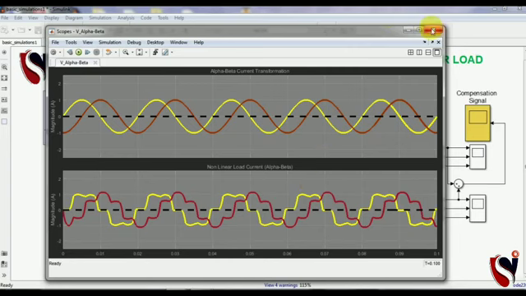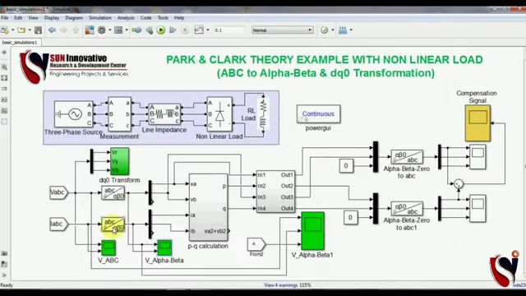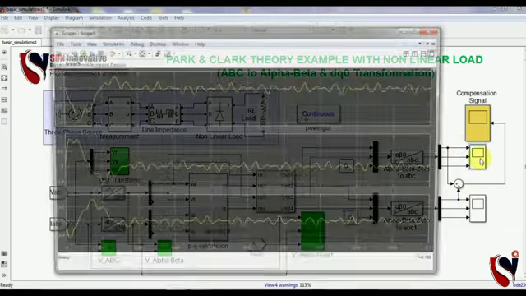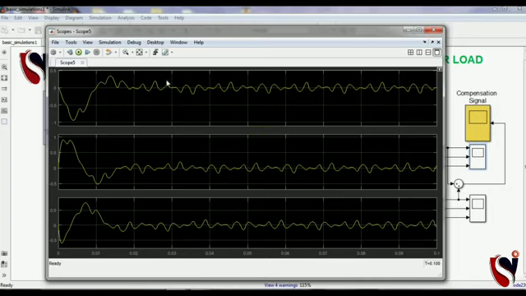Next, after connecting this PQ calculation, it goes to the alpha beta again over here, and the compensation values from the 3 individual voltages and currents are shown here. So let me open this. So this is the compensation voltage actually.